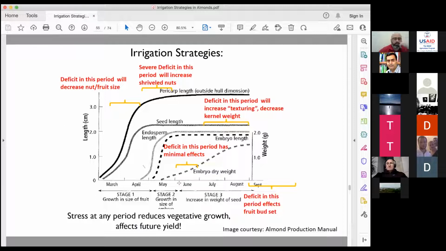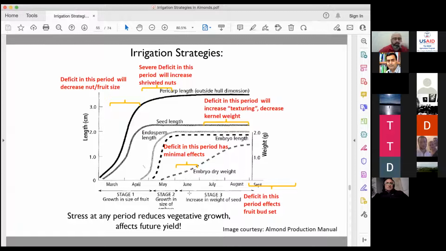The next stage is around the hull split, where the nut size has been attained fully, the kernel development has completed, and the trees are ready for hull split. The maturity is being attained. Researchers have found that you can apply a little bit less water during that stage, which is what we call regulated deficit irrigation.